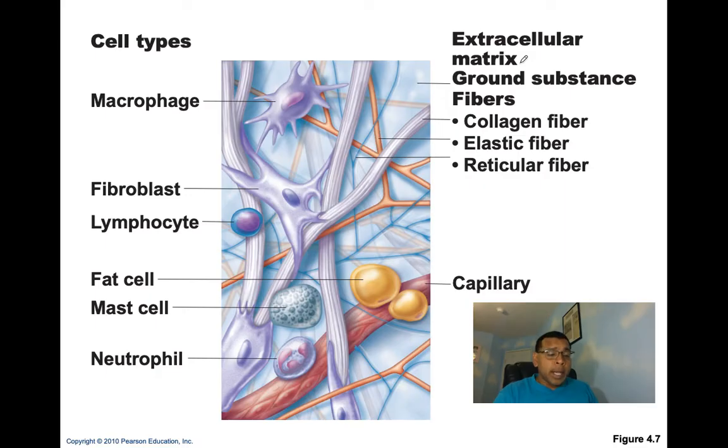Now, we said it contains connective tissue fibers, and these fibers are responsible for providing support. There are three types that I'd like you to be familiar with. The first type is our collagen fibers. Here you can see the nice and thick collagen fibers. These collagen fibers are the strongest and most abundant fiber type, and they're constructed of collagen.